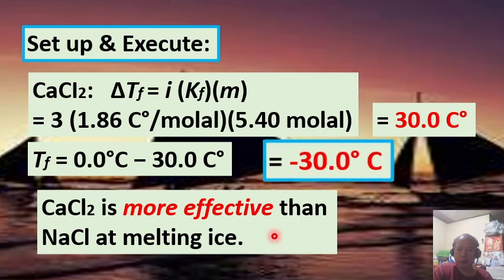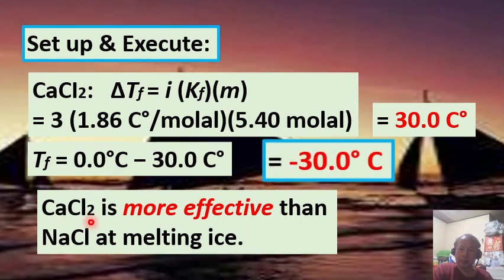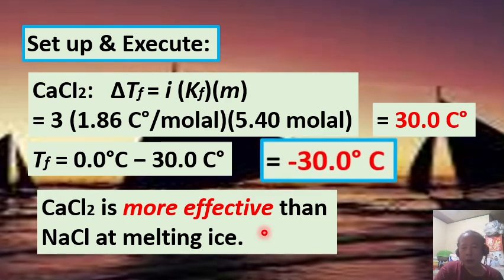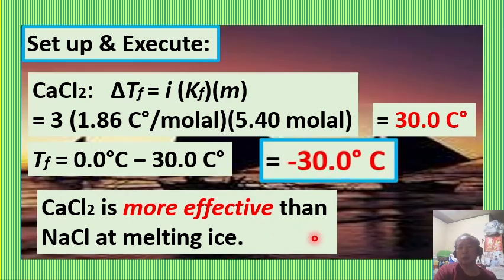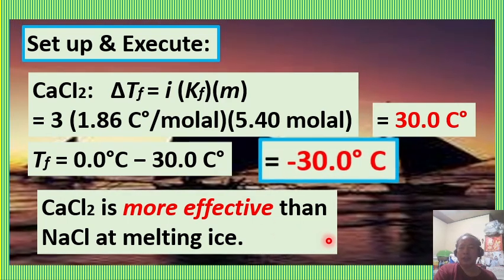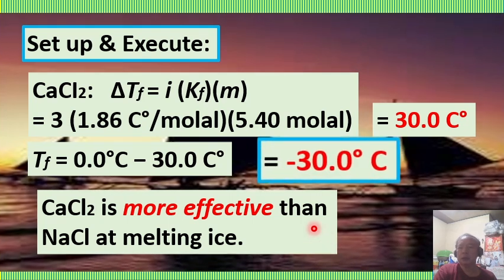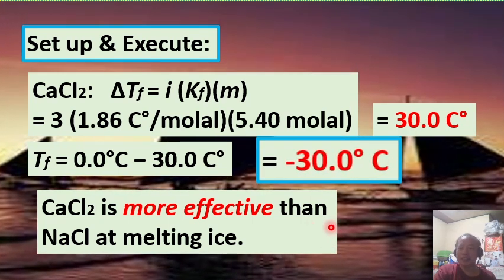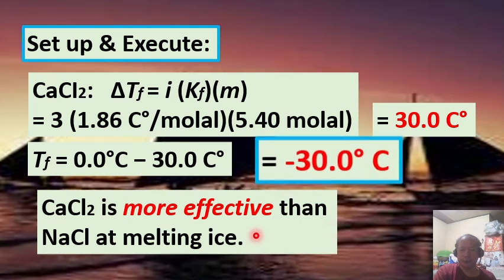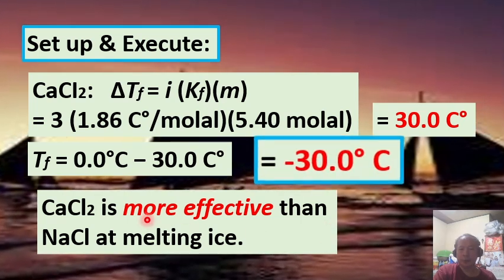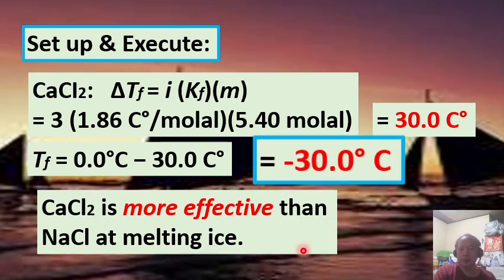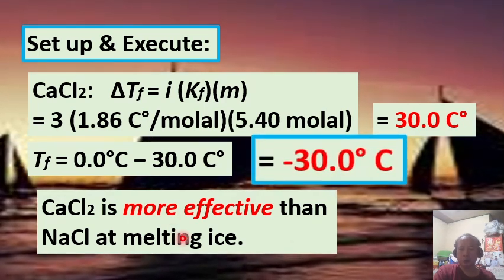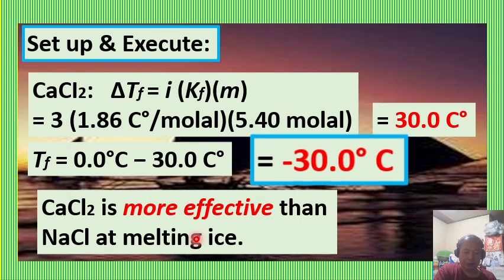And that explains why calcium chloride is more commonly used also on icy roads in most countries that experience winter, because it is more effective in melting ice compared to sodium chloride.